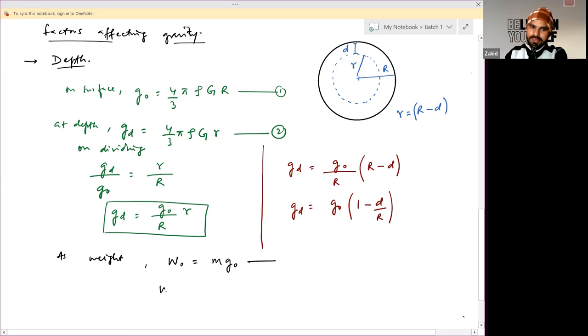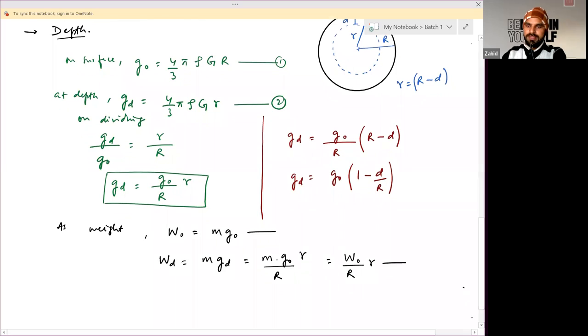So at some depth d, it will be mass times gravity due to depth d. So if you put the value of gravity at depth d, it is equals to m times g naught small r by capital R. So it will be equals to W naught by R into small r. Is it clear?